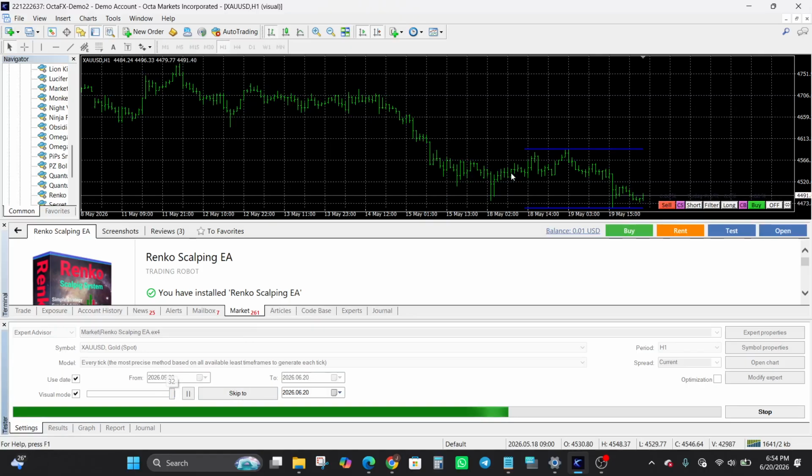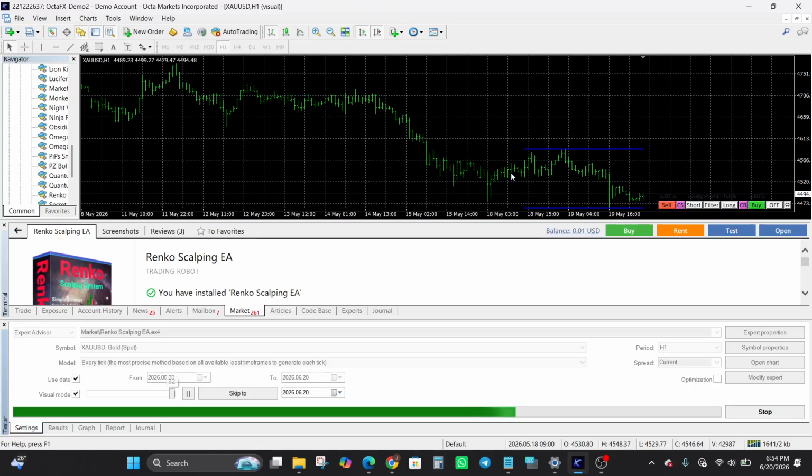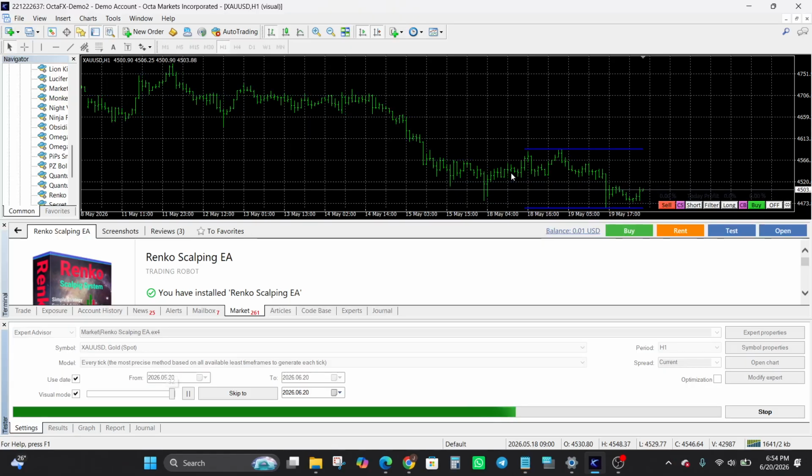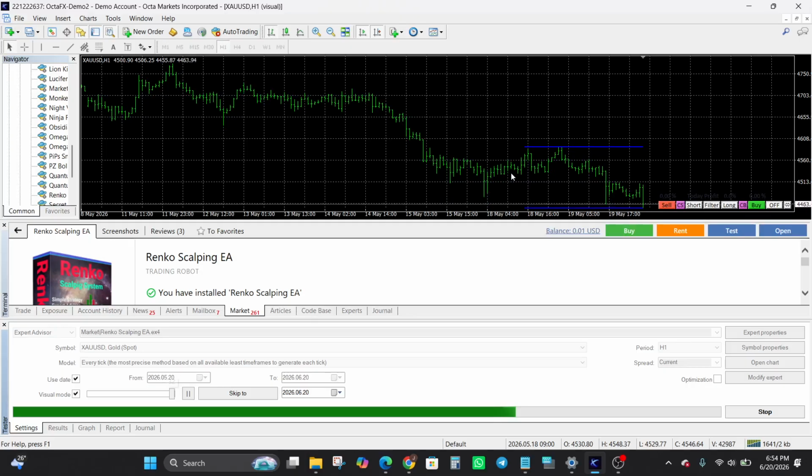it is important to stay within the information provided by the developer. We know the EA uses mean Renko candles and moving averages as its foundation. But beyond those stated components, the exact entry and exit rules are not fully detailed in the marketplace description.